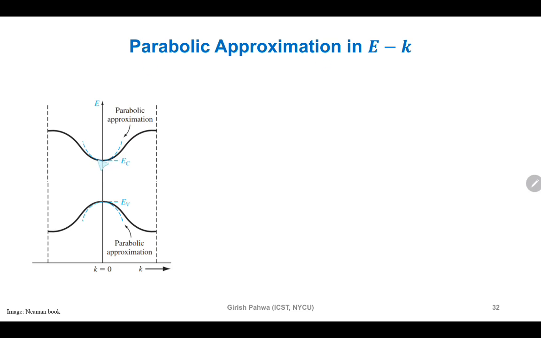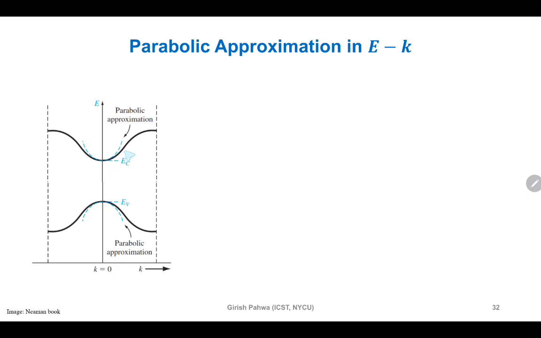You see that this is some kind of a parabola, right? If I limit my K to a very small region, it's like a curved parabola. I could have fitted it with some more complicated expressions as well, but the simplest thing is a parabolic relationship, and only near the bottom.